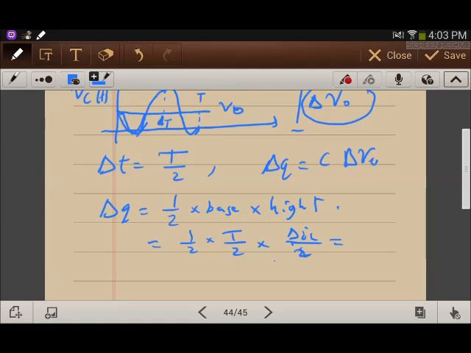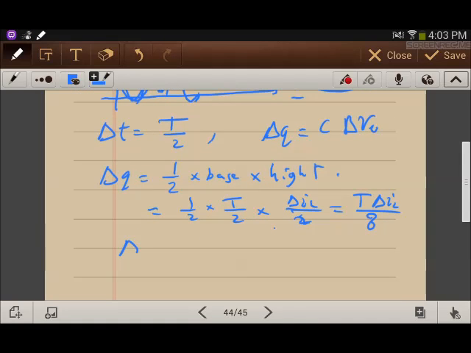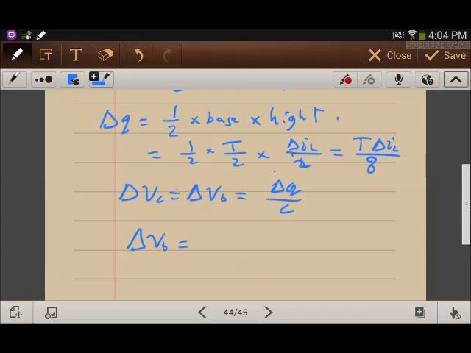So I will get T multiplied by delta IL divided by 8. So now delta VC, which is equal to delta V out, is equal to delta Q over C. I will substitute its value, so it's T delta IL divided by 8 multiplied by C.